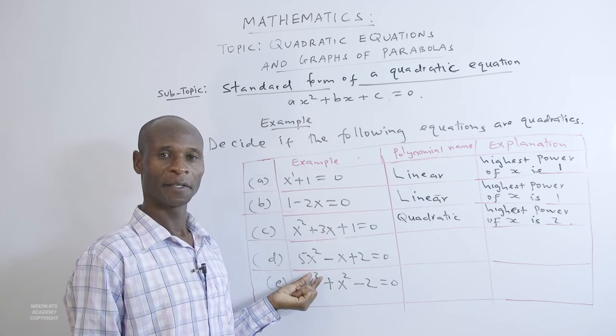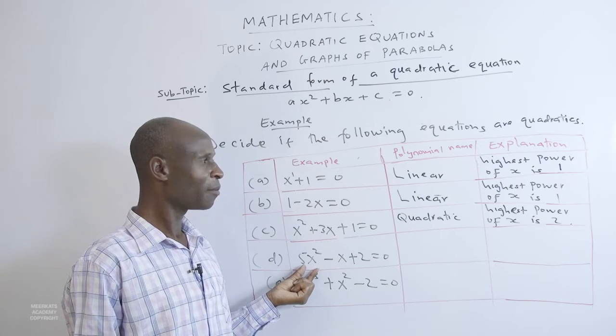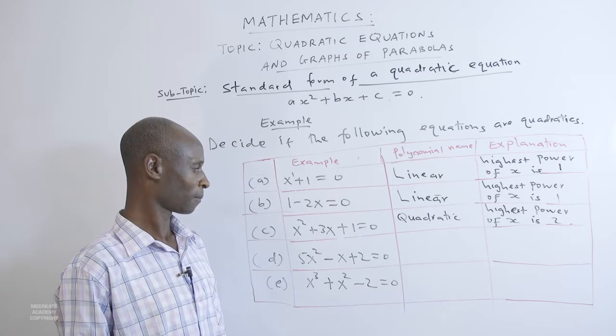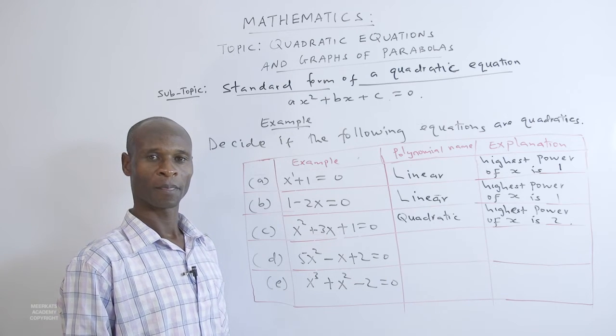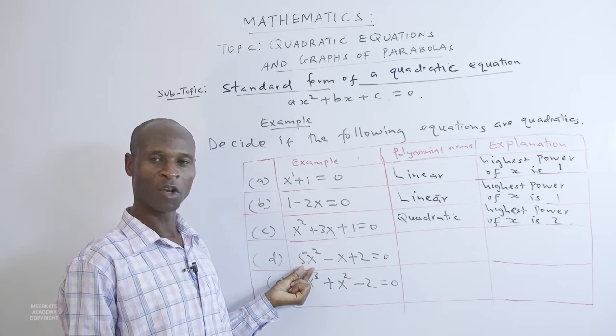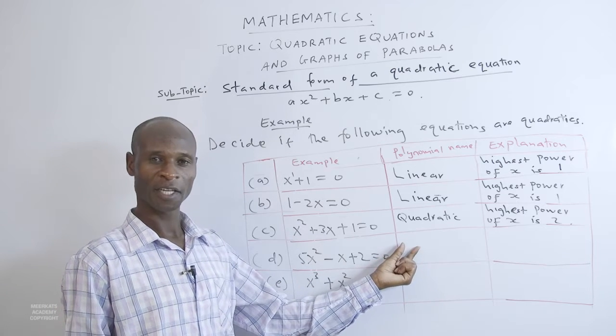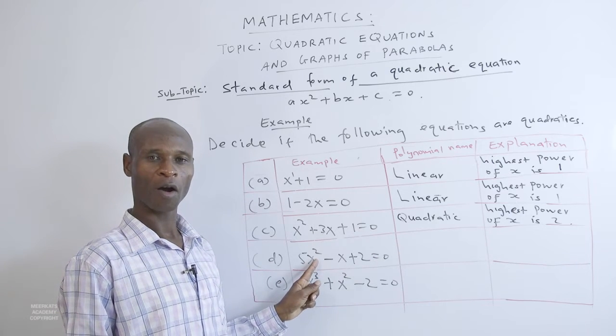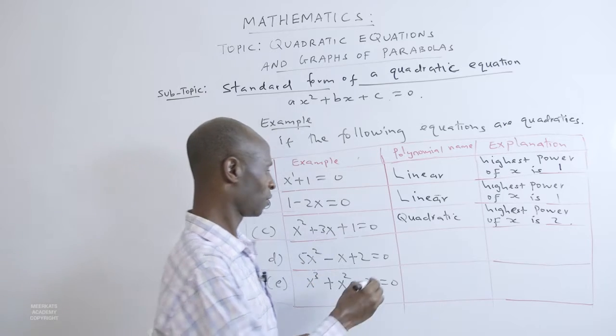In part D, what is the name given to this polynomial? The name will again be quadratic because the highest power of x is 2.